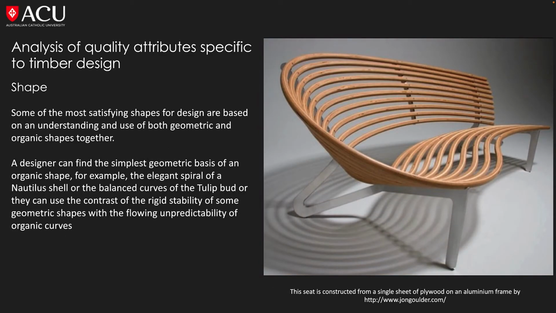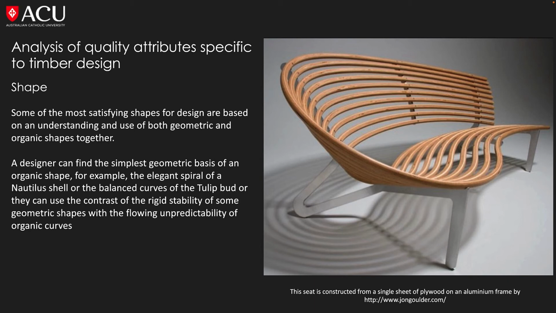Some of the most satisfying shapes for design are based on an understanding and use of both geometric and organic shapes together. A designer can find the simplest geometric basis of an organic shape, for example, the elegant spiral of a nautilus shell or the balanced curves of the tulip bud. Or they can use the contrast of the rigid stability of some geometric shapes with the flowing unpredictability of organic curves.